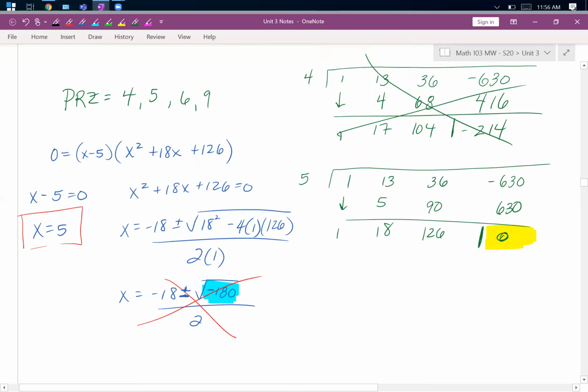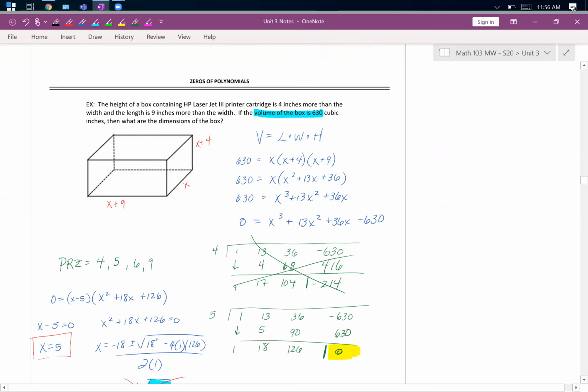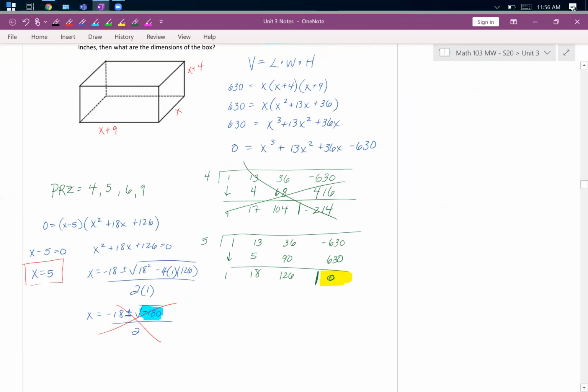But I want to be sure I've answered the question, so I'm going to go back and reread. It says, what are the dimensions of the box? So far, we have only found the width. We need the height and the length as well. So our width is 5 inches.